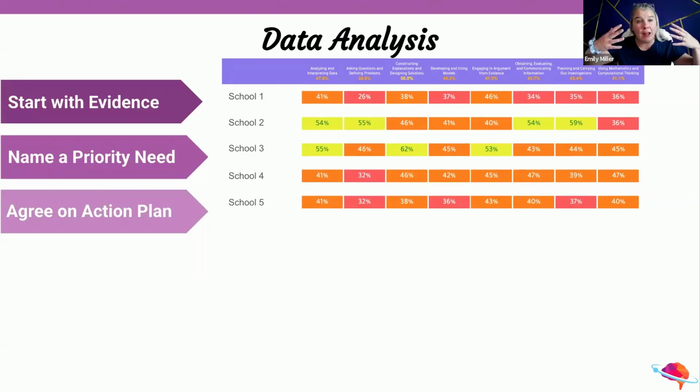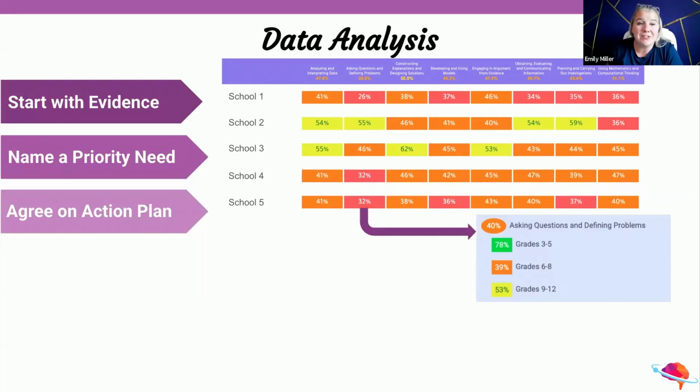Because now that you have this overall view of the data, you can give the supports that your team might need. For example, maybe we'll note that asking questions and defining problems is by far, not by far, but is the lowest performing SEP.